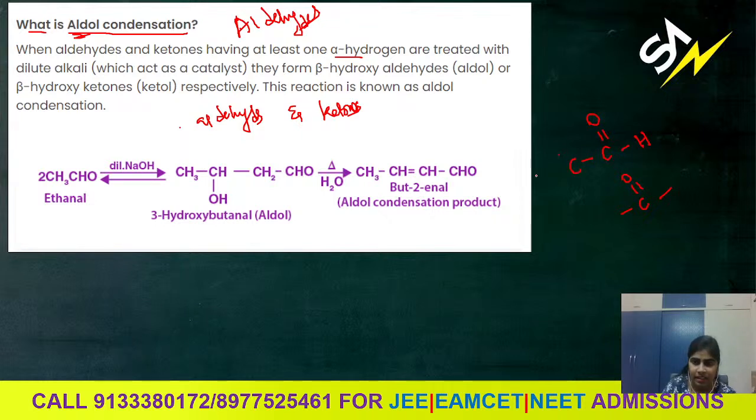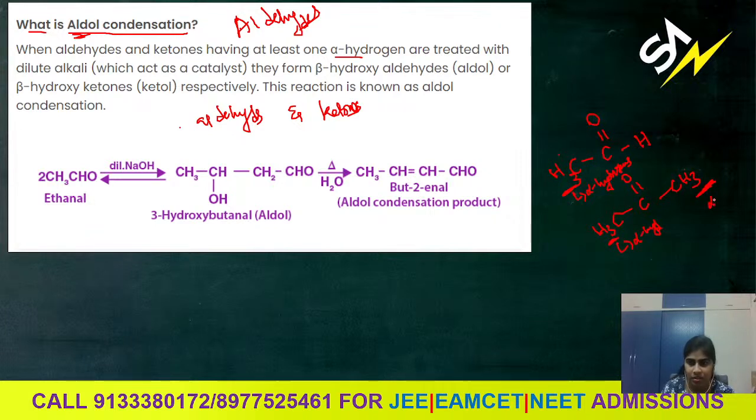If there is any alkyl group attached to it, for example, for an aldehyde in this way, or for a ketone in this way, the hydrogens attached to the carbon next to the main carbonyl group are called alpha hydrogens.